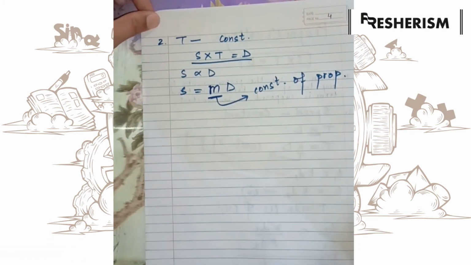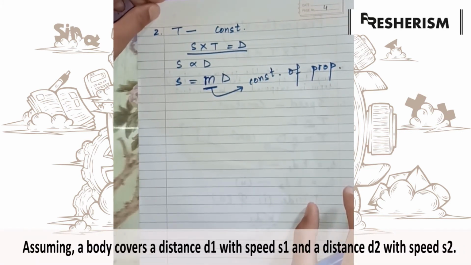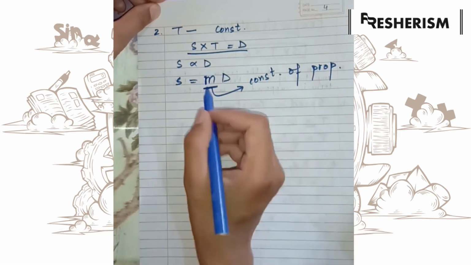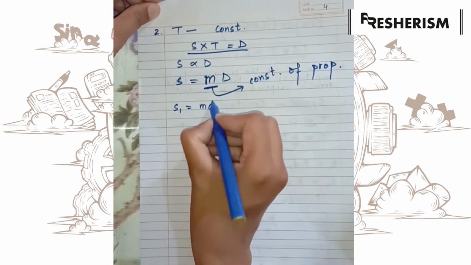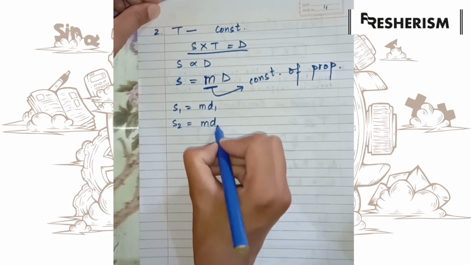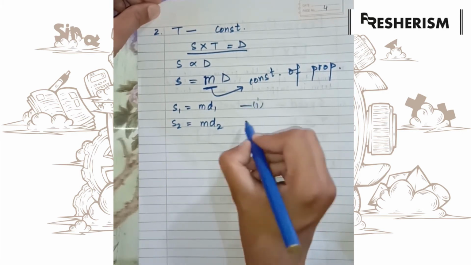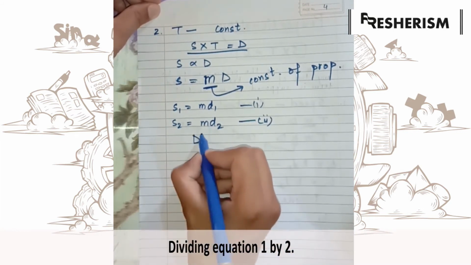Again, let us suppose that a body covers distance d1 with speed s1 and distance d2 with speed s2 in the same interval of time. So we can write the equations as s1 equals m d1 and s2 equals m d2.